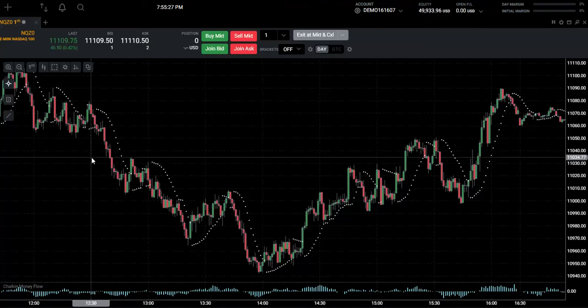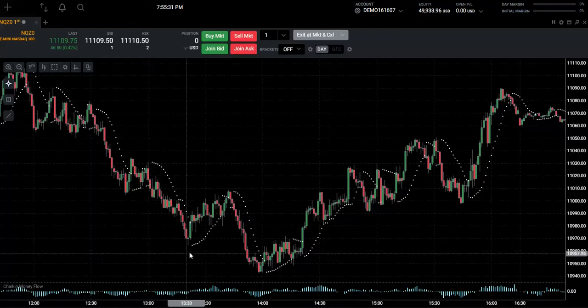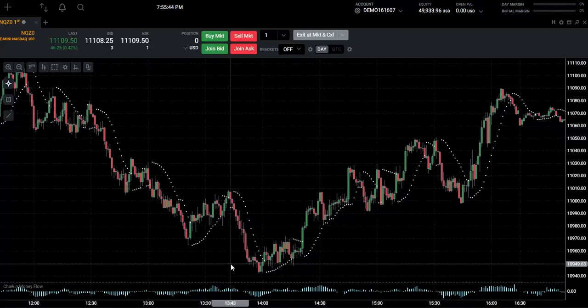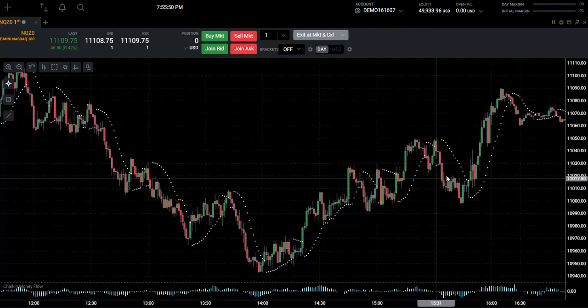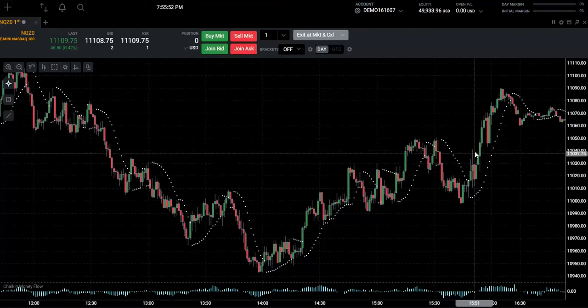This is showing 12:30 up till about 13:20. That's about a 50-minute trade. And you can just use the crosshairs to see the time frames on here.